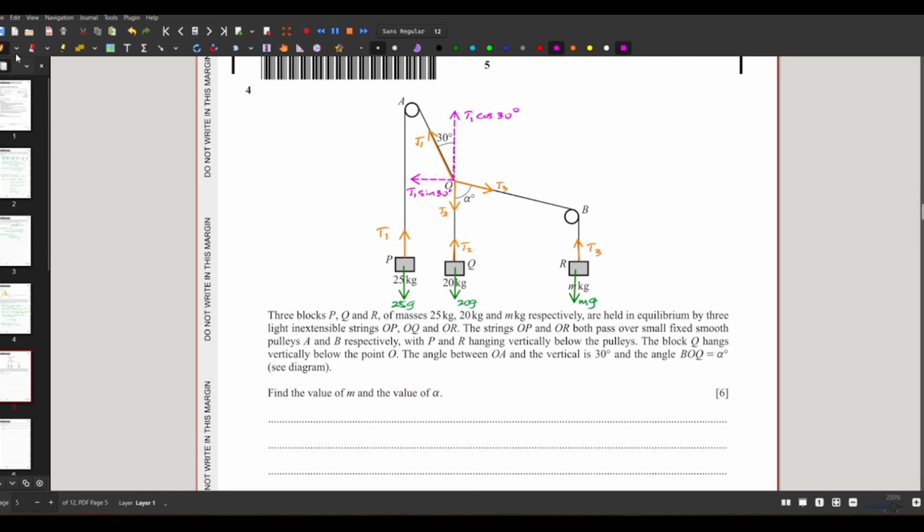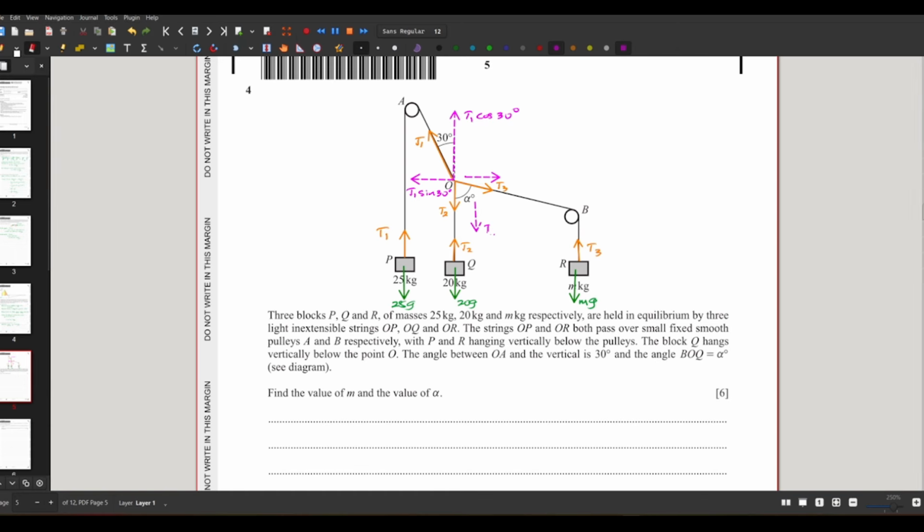Right. And then with T3, you will have here downwards the alpha angle. So T3 cos alpha, and then you will have another horizontal component. So this is T3.